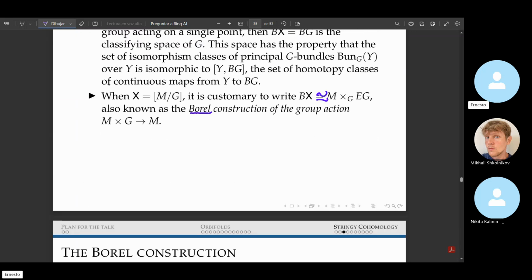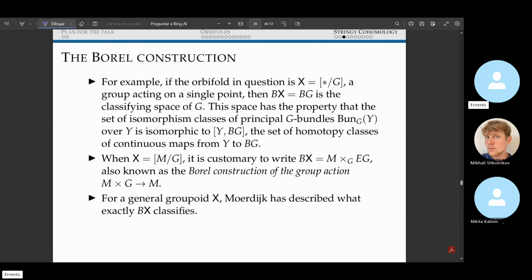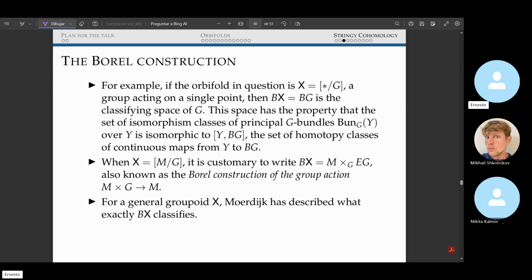Depending on your definitions, it is equal or homotopy equivalent. And there is this beautiful book of Ieke Moerdijk where he says what BX classifies in the general case of local orbifold charts. It does classify something, but let me not go into that.